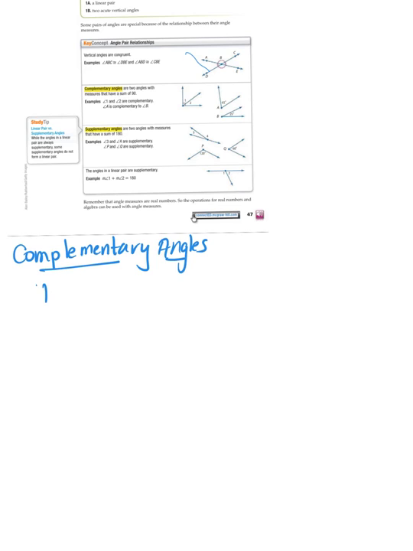Since it's an angle pair, that means we're talking about two angles. Complementary angles add up to 90 degrees. The measure of the first one plus the measure of the second one equals 90.